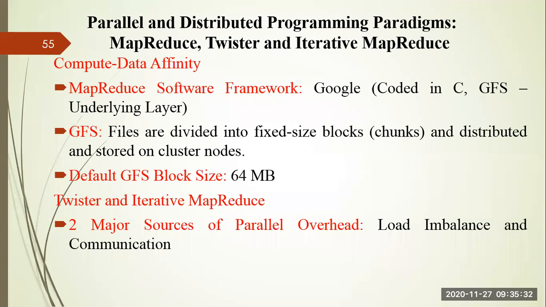The next one is Twister and iterative MapReduce. These are two competitors of our MapReduce. There are two major sources of parallel overhead: load imbalance and communication. First, while you are distributing the work, each map may be assigned 64 MB, but the computation may take more time.